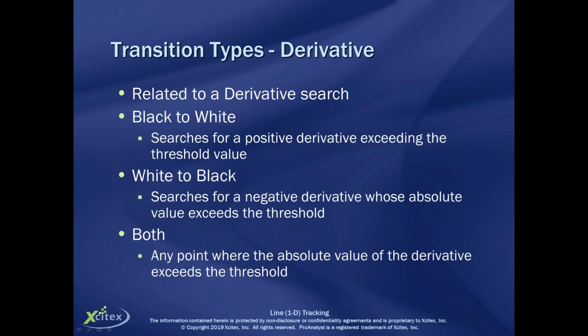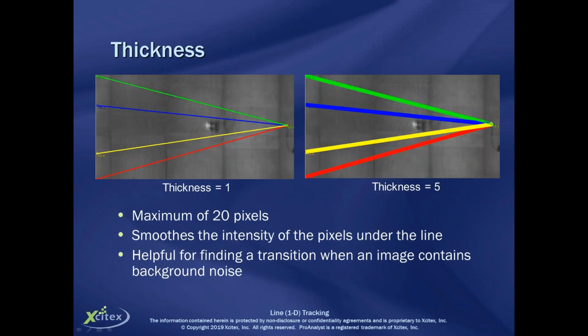And white to black is the exact opposite. It's looking for the negative derivative. So this is a quick darkening within the line itself. And both, again, adds points where the absolute derivative exceeds the threshold that you've put in place. So this can have multiple points on it, or it can be a single point where it either gets the darkest or the lightest at that point within the video itself.